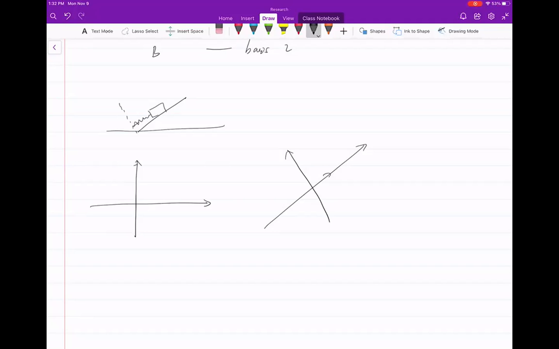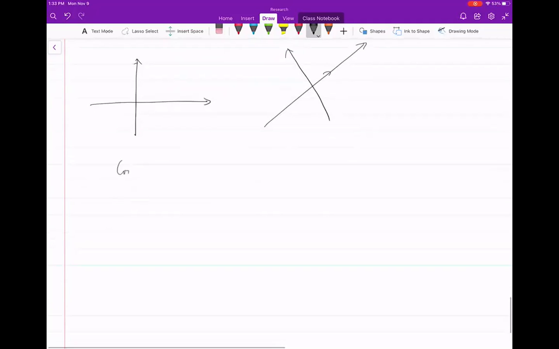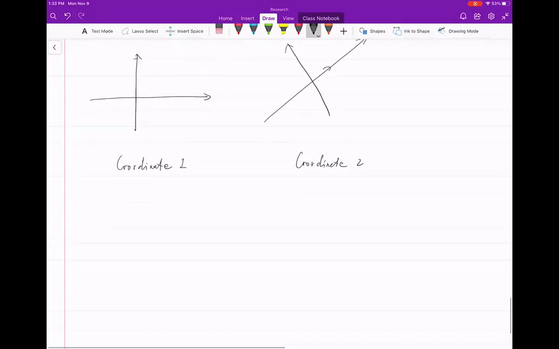Make sense so far? Okay. So coordinate system 1, coordinate system 2. For the same linear transformation, this one is going to give you a matrix. This one is going to give you another matrix, which looks different, but they describe the same thing.